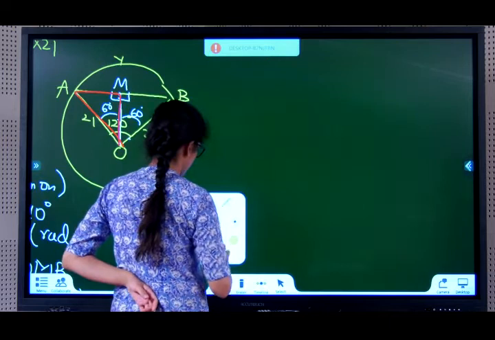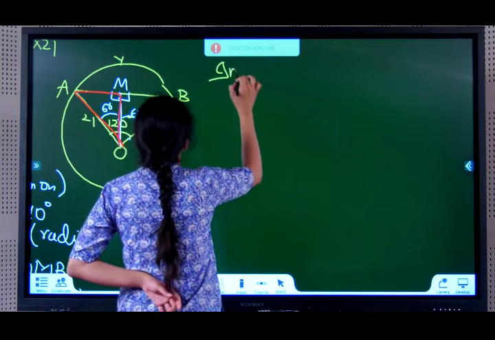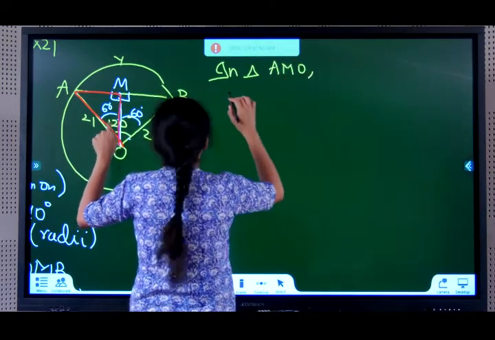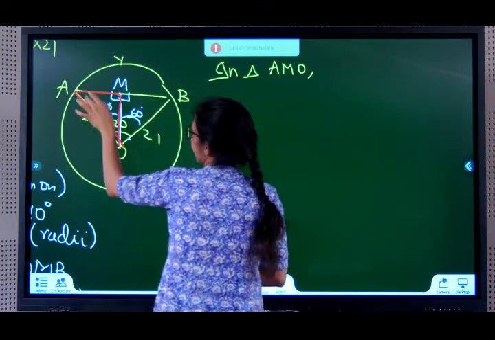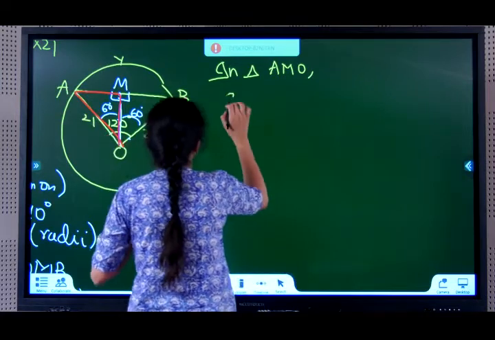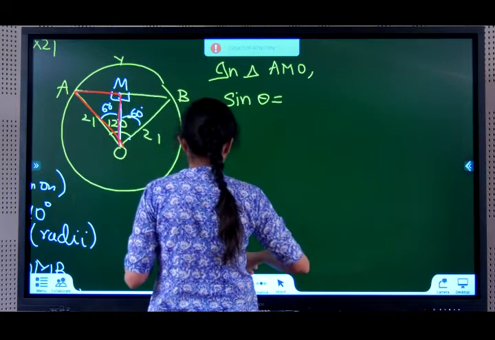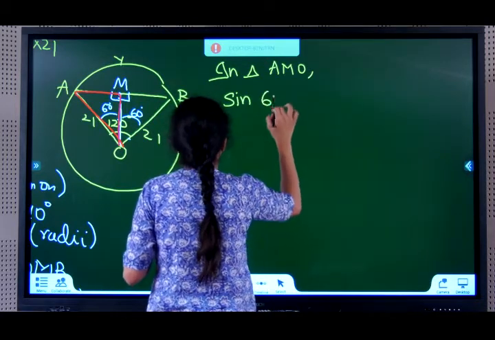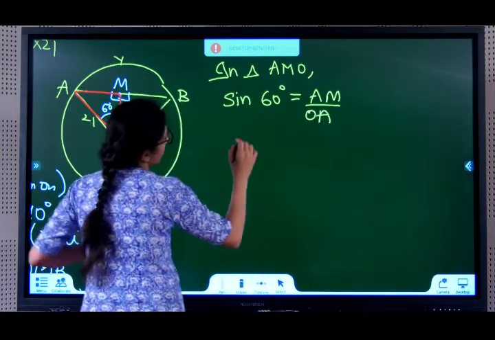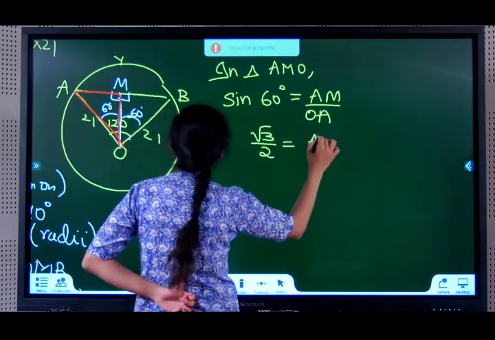So let's begin. How do we do this? In triangle AMO, you need AM, right? AM is opposite and AO is hypotenuse. We already know trigonometry: sine 60 degree is equal to AM by OA. Sine 60 degree, root 3 by 2, is equal to AM by OA, 21.